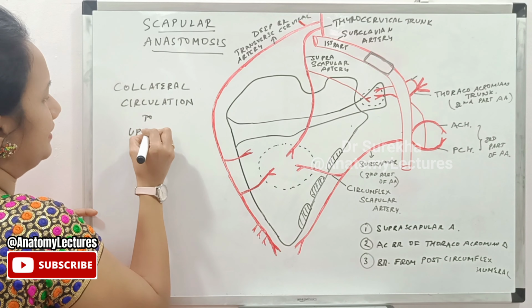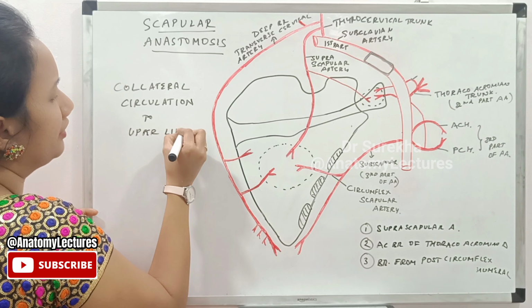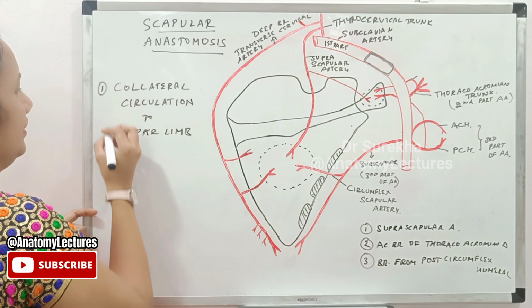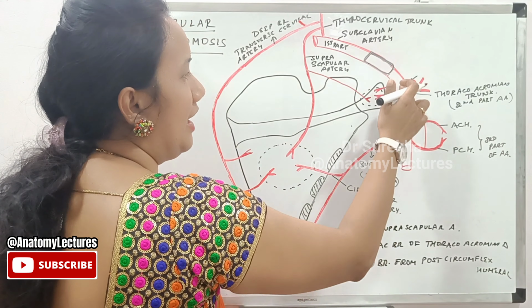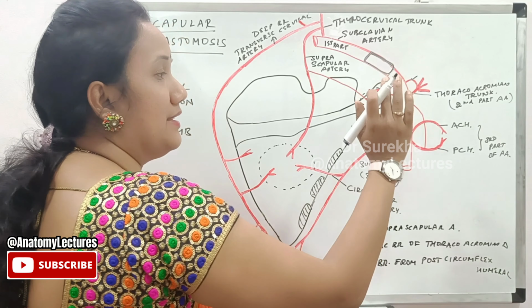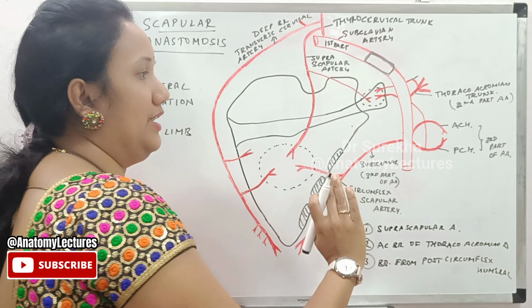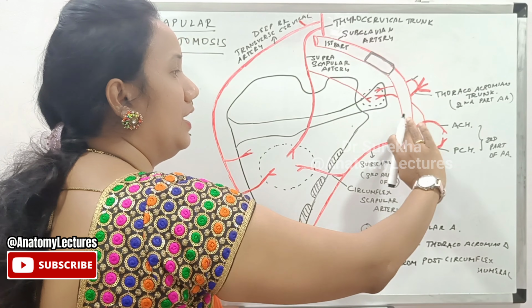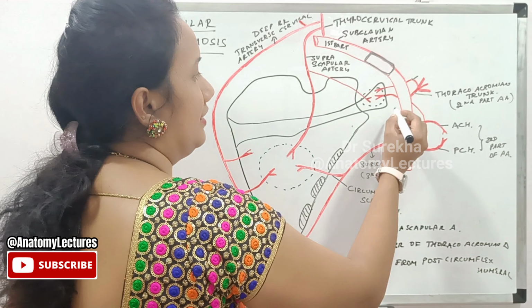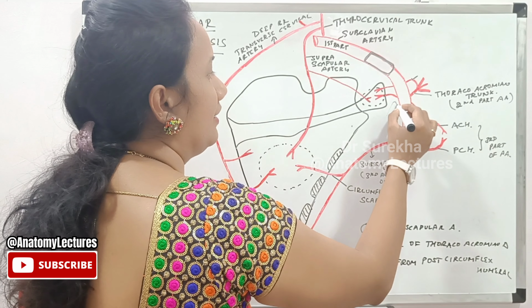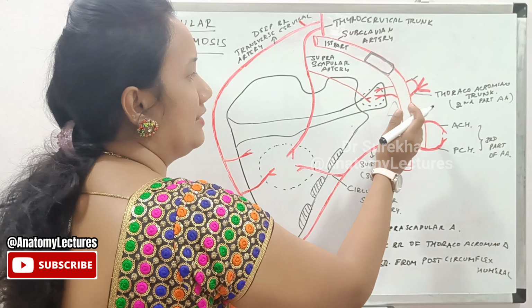okay. Next thing, one more clinical correlation of this scapular anastomosis is, so this axillary artery pulsations can be felt by pressing against the lateral wall of the axilla. So if you have the axilla like this, this is the lateral wall of the axilla.